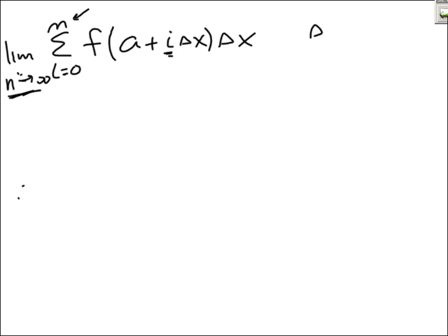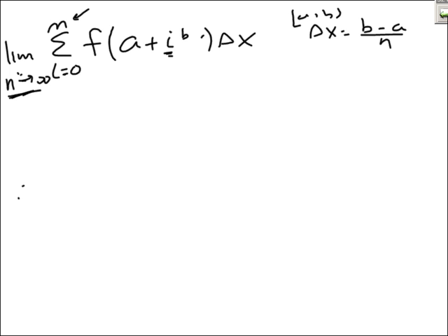But remember, delta x is the length of the interval, b minus a, over n. So we're going to use the limit as n goes to infinity. Let me just go up to the top one and change it. Instead of delta x, I put b minus a over n.